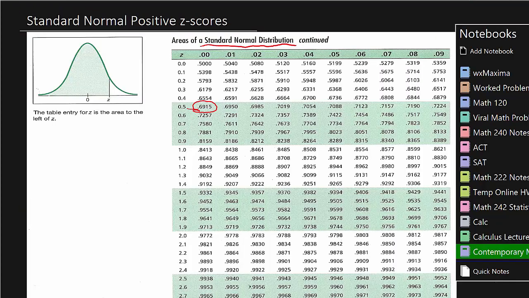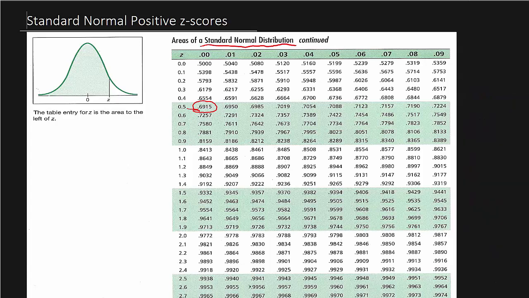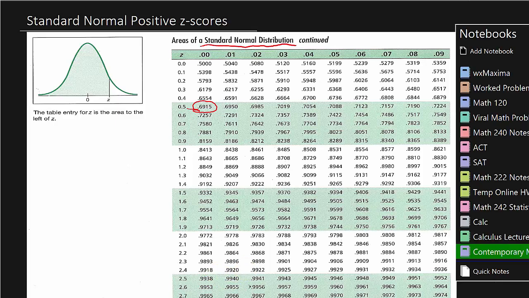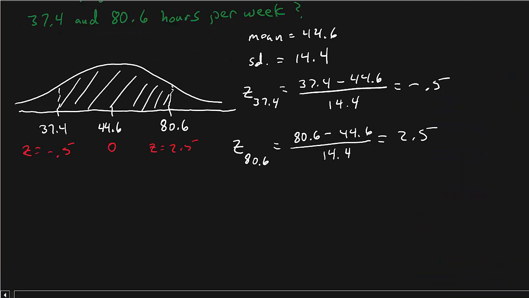And so first, let's look up the 2.5. So 2.5 right there, 2.50, so it's this one, 0.9938. That was this one.